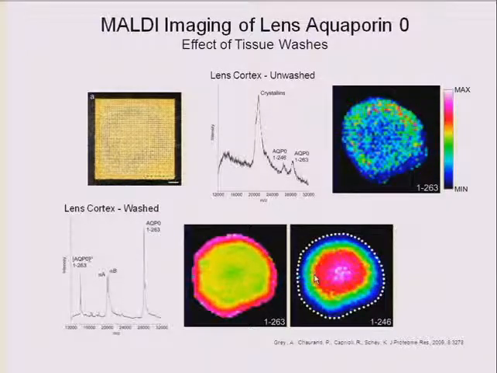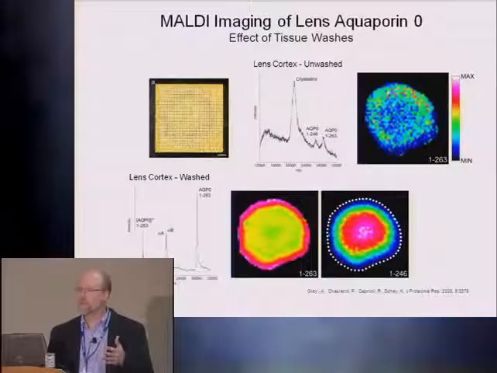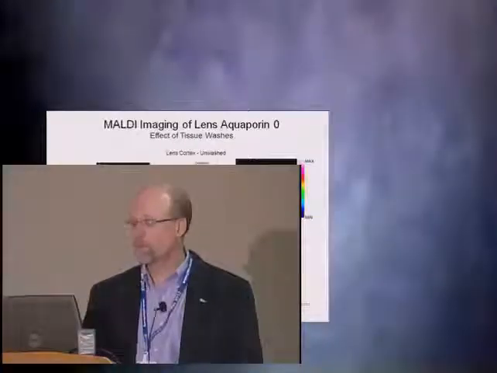If you look in older lenses, this center region is completely devoid of intact aquaporin 0, and it's filled up entirely with these truncated forms of the protein. So using imaging mass spectrometry, we're able to determine what the truncation products are of the major lens proteins and exactly where in the course of human lens aging these processes occur.